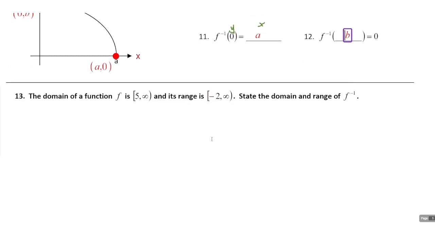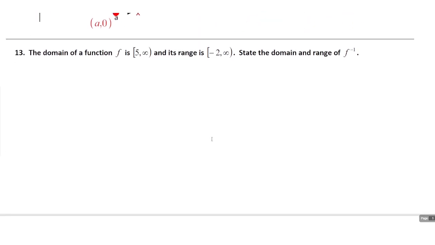Number 13 says the domain of a function f is 5 to infinity, and its range is -2 to infinity. State the domain and range of the inverse of f. Well, there's nothing really to show here. You just have to understand that the domain and range are reversed for the inverse.